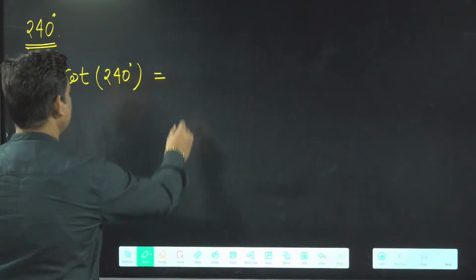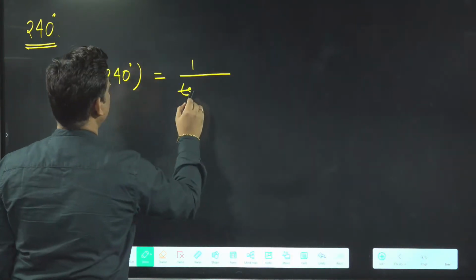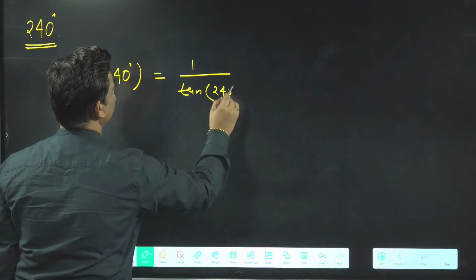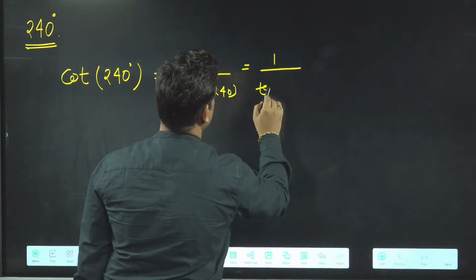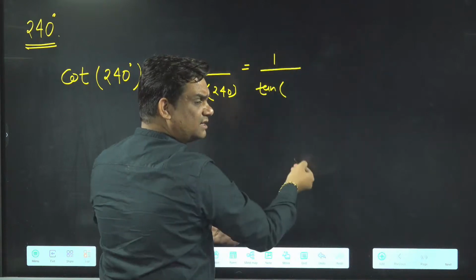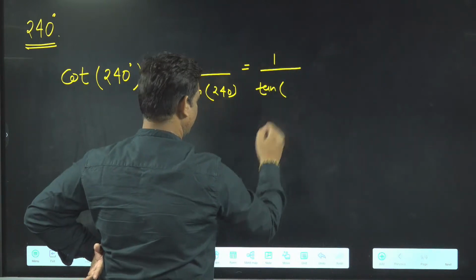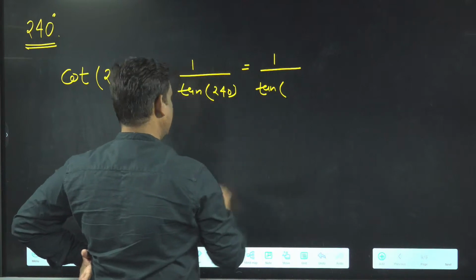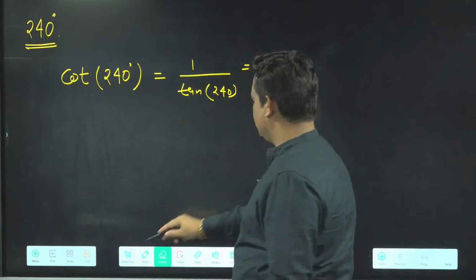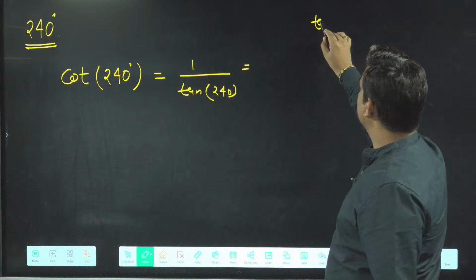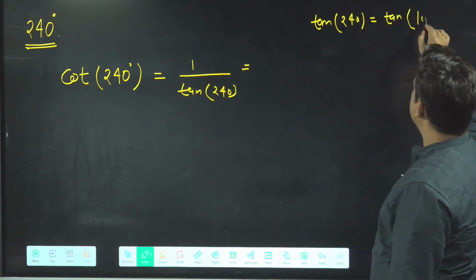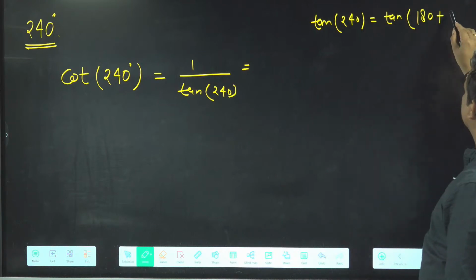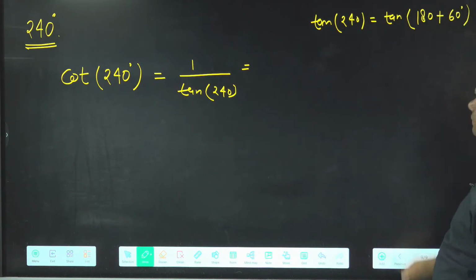So we'll write this as 1 by tan 240. The only thing I have to find is tan 240. I can find tan 240 separately here. So 240 we can say as tan of 180 plus 60.